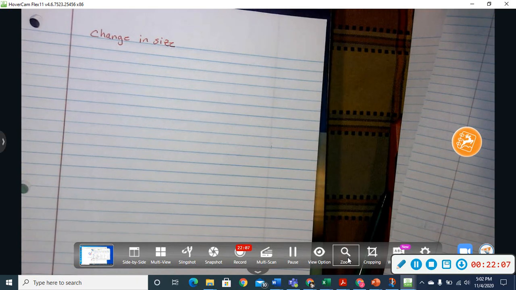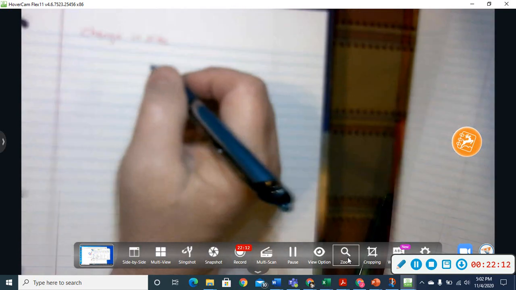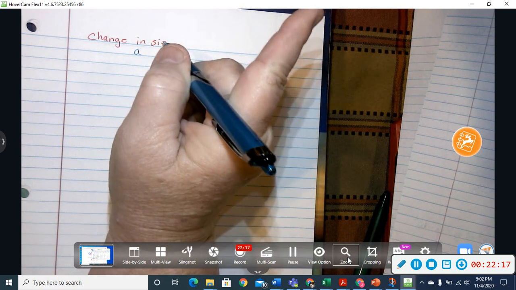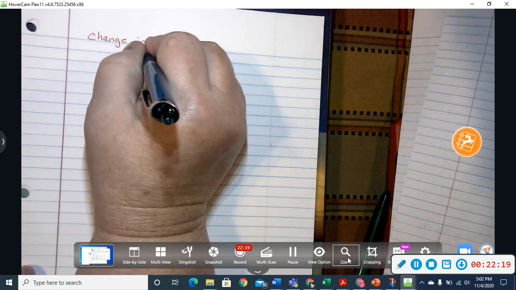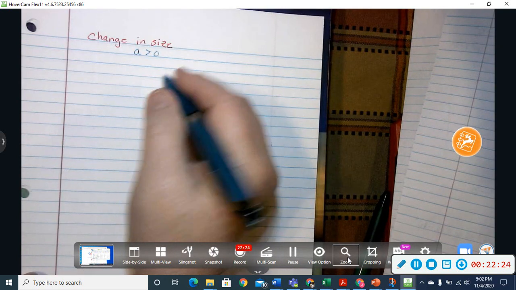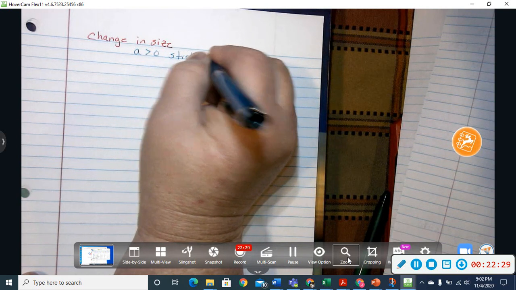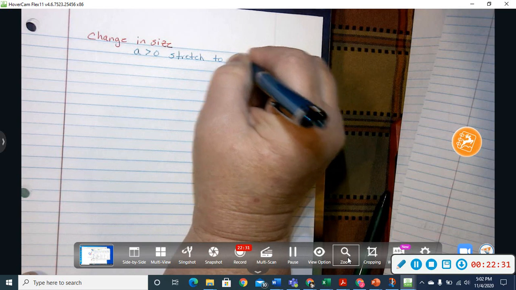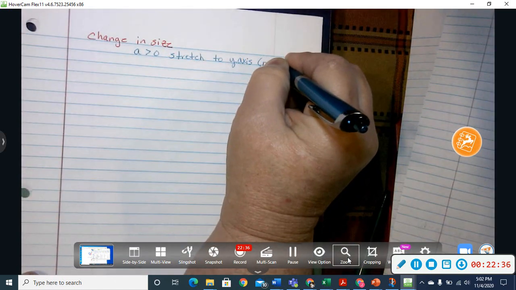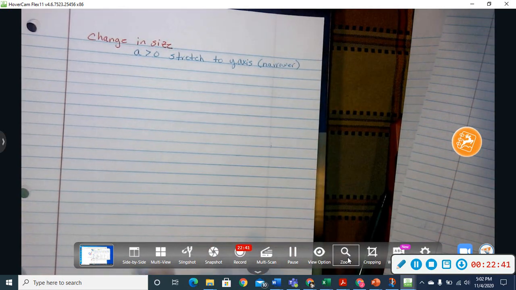So that has to do with the leading coefficient, the size of the leading coefficient. So if the size of A, not the sign of A, but the size of A, is greater than 1, it's going to make the graph get larger or stretch towards the y-axis. So the graph actually becomes narrower or closer to the y-axis.